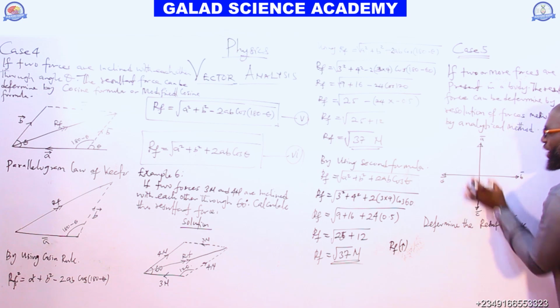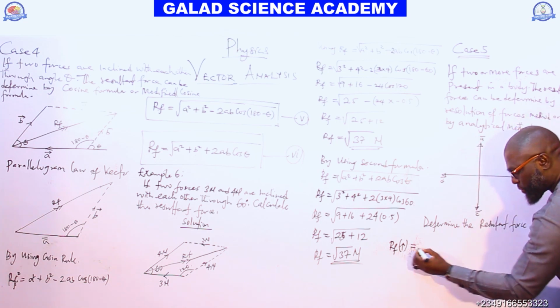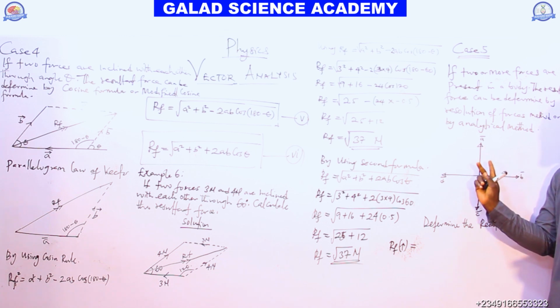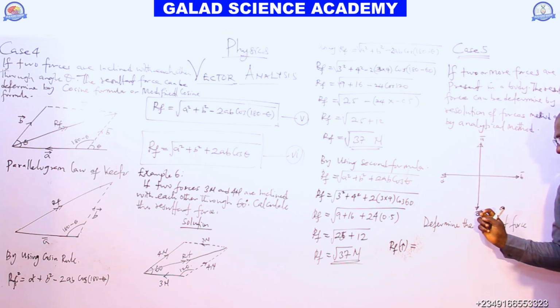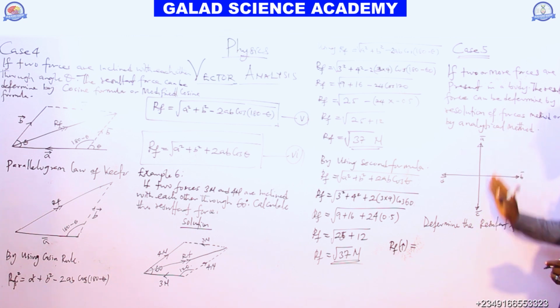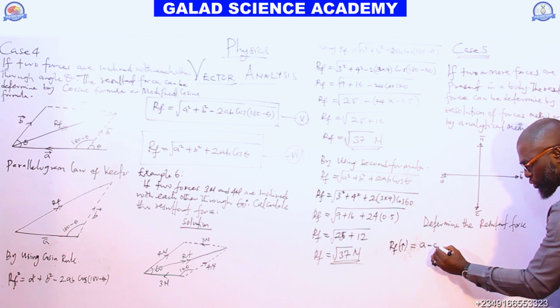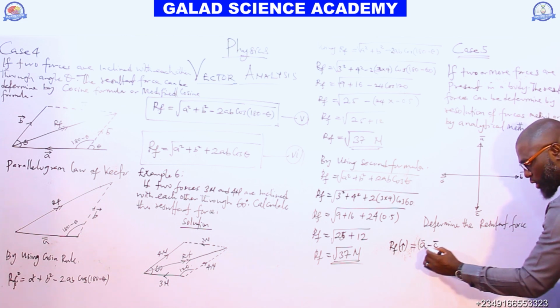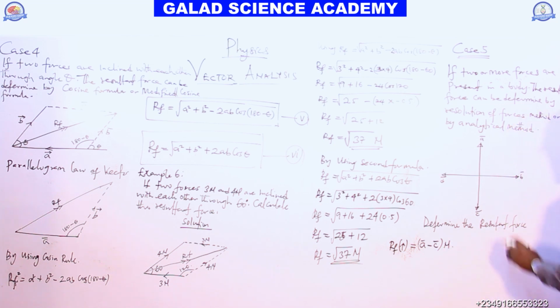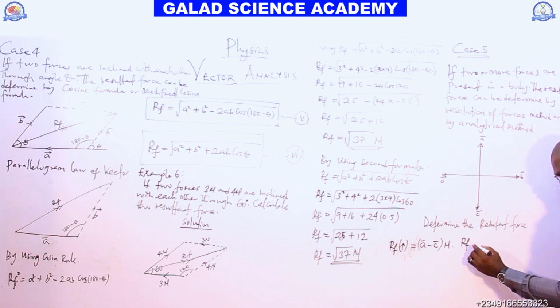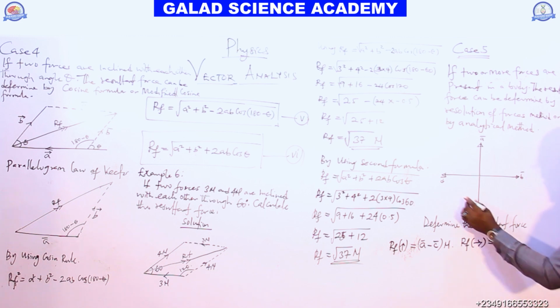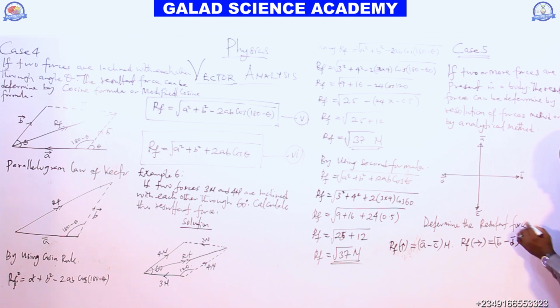Here A is moving up, while C is moving down. These are 2 parallel forces in different directions, so the resultant force here is A minus C. For the horizontal, the resultant force equals B minus D.